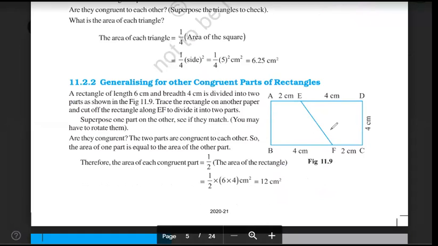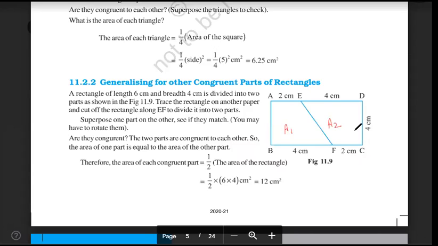This is A1 and this is A2. Area is same or different? Tell me, area is same or different? Yes, very good.